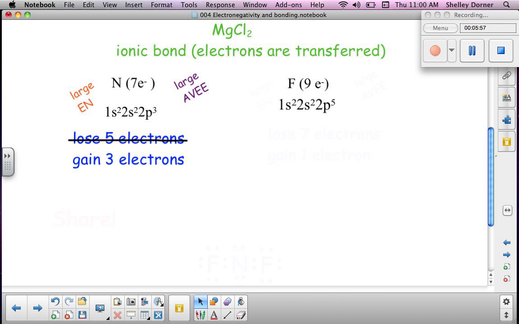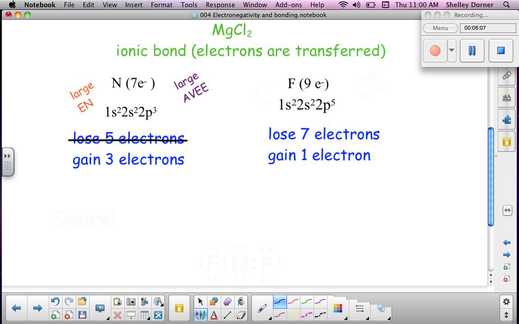Giving the same consideration to fluorine, to become isoelectronic with a noble gas, fluorine can either lose 7 electrons or gain 1 electron.